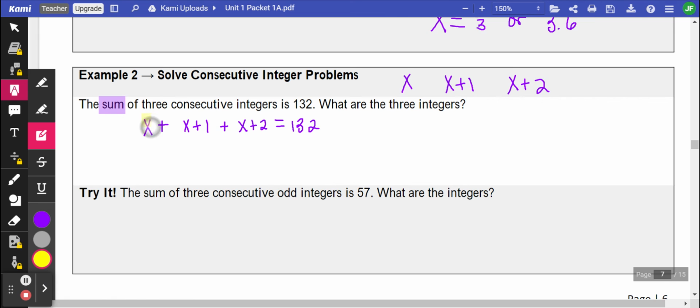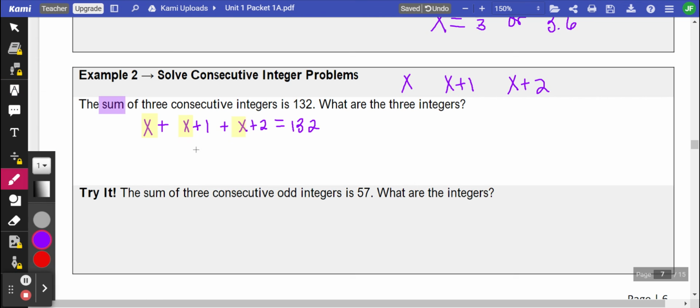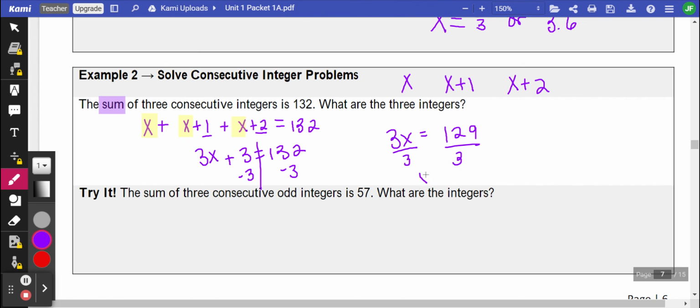So x plus x plus x gives me 3x. And 1 plus 2 gives me 3. And then I can solve. So I'm going to subtract 3 from both sides to get 3x equals 129. And divide by 3 to get that x equals 43.